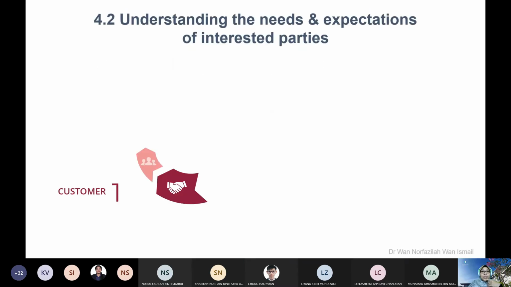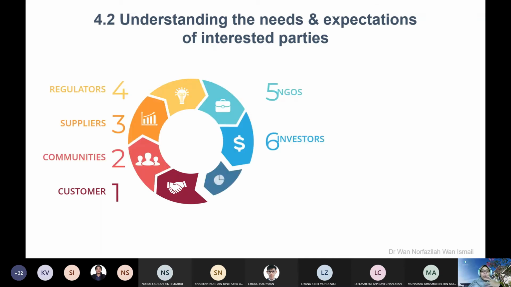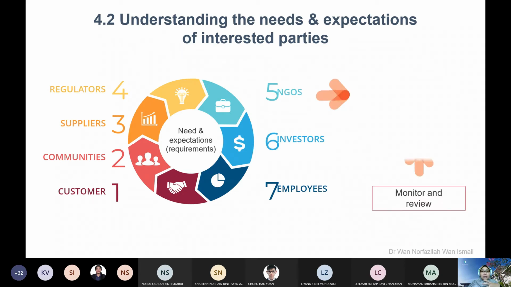4.2 is understanding the needs and expectations of interested parties. Of course, when you are working, for example, in the laboratory, you are going to fulfill the requirements of your customers. We are not talking about teaching lab yang you buat eksperimen dekat lab sekarang ni, kita panggil teaching lab. We are talking about working lab, in industries, in any company that has a laboratory.